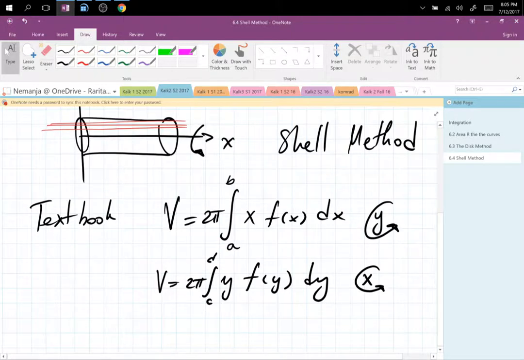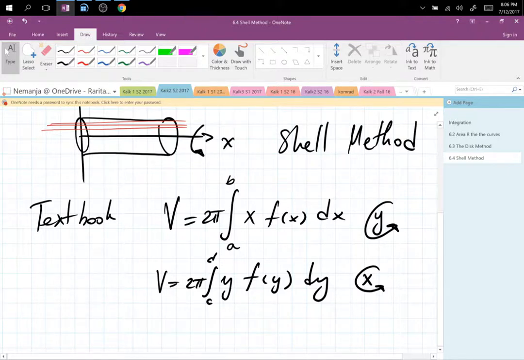So that's the textbook, and it's pretty straightforward. But unfortunately, this type of formula excludes a whole family of problems that you might get, and you have to pull off some serious witchcraft to do them using these forms.